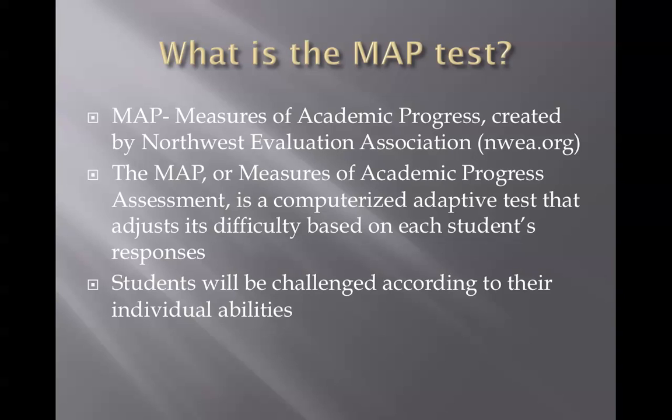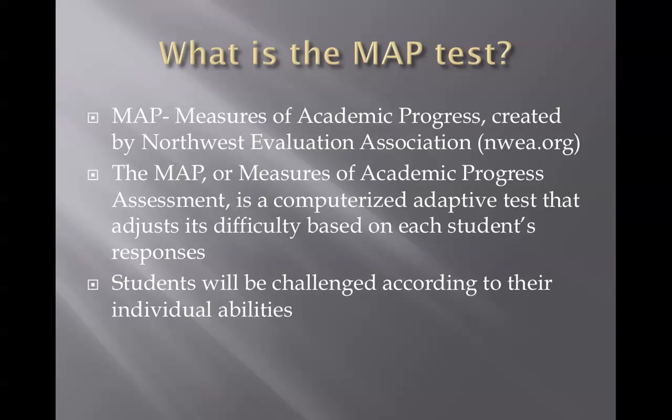Now, continuing on, what is the MAP test? MAP, or Measures of Academic Progress, was created by the Northwest Evaluation Association, the NWEA. The NWEA.org website is also available to you here on the screen if you should require further information. The MAP assessment is a computerized adaptive test that adjusts its difficulty based on each student's responses.